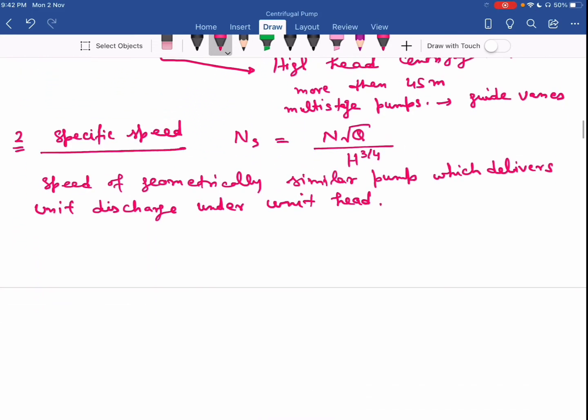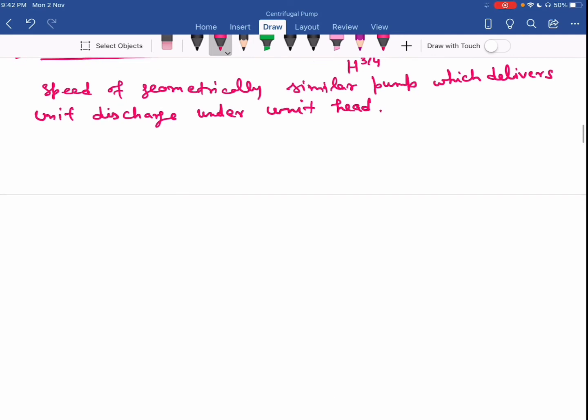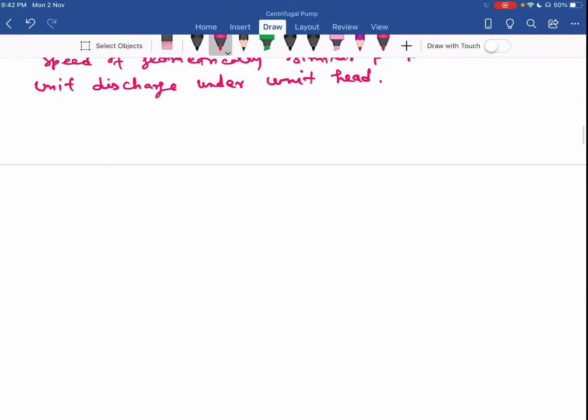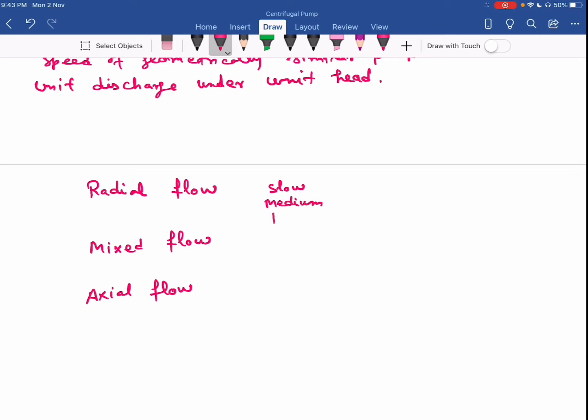Okay. So depending upon specific speed, we have different ranges. You can see the range from the table. I have the radial flow, then mixed flow, then the axial flow. In radial flow, I have three stages: slow, medium, and high.